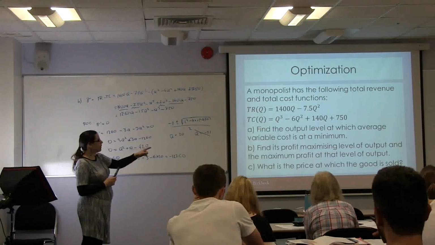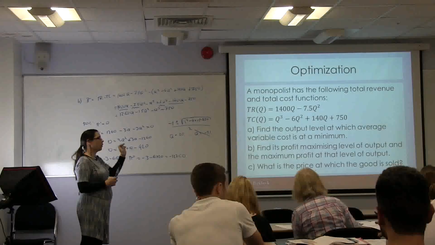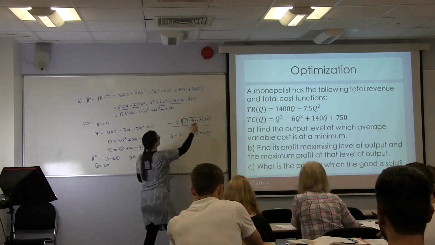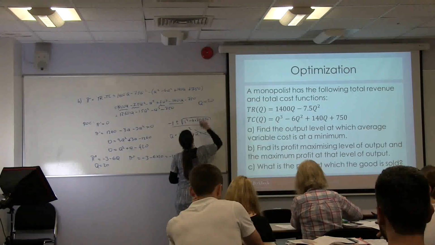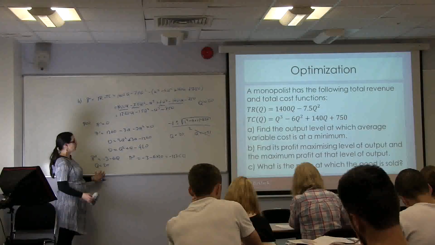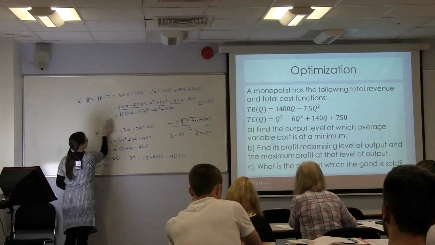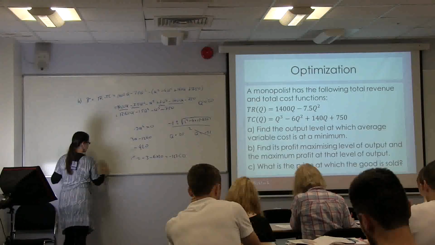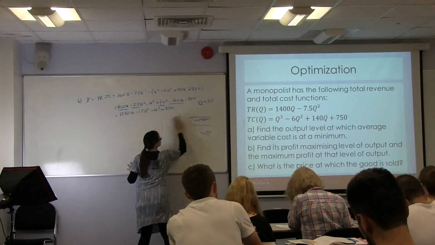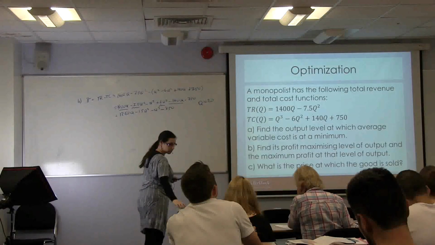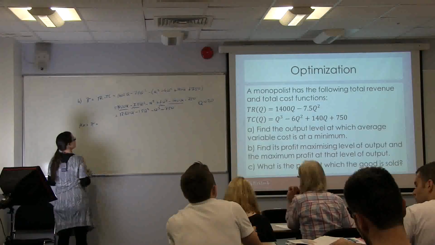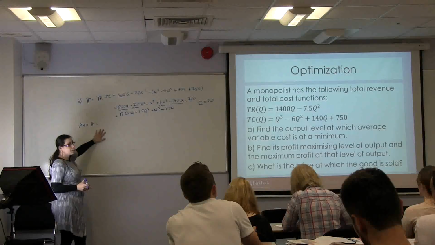Okay, find the profit maximizing level of output and the maximum profit. So what's the maximum profit? Because this is the profit maximizing level of output. But what's the maximum profit? So what do I need to do then?